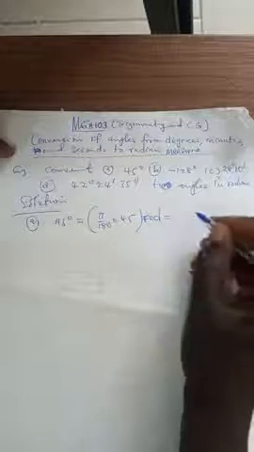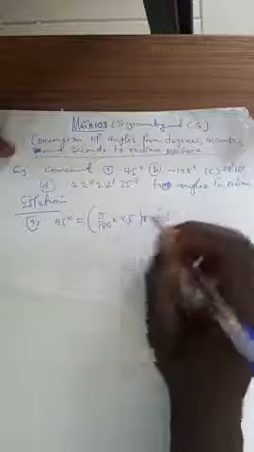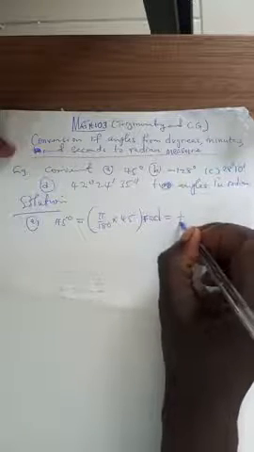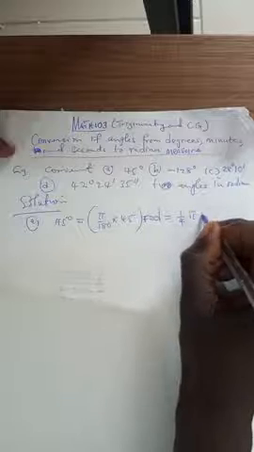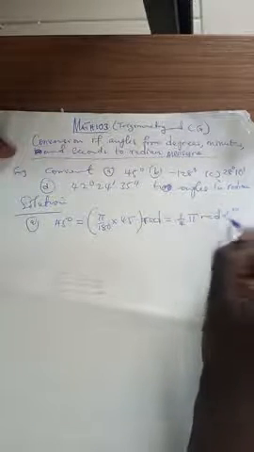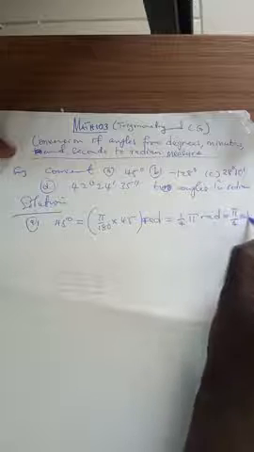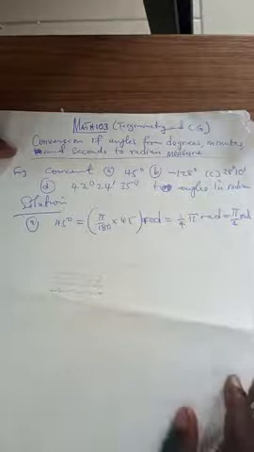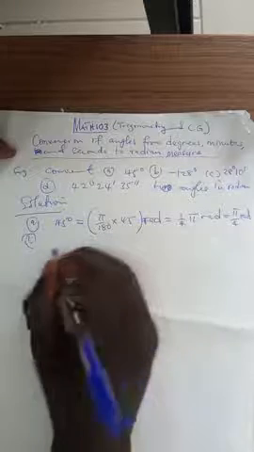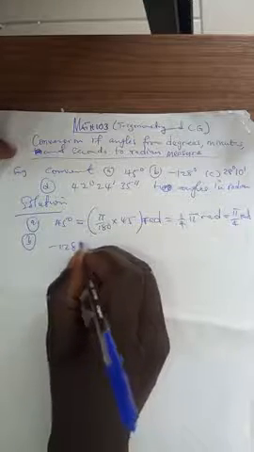So after the calculation, when you cancel, you have 1 over 4 pi radian, or you just write it as pi over 4 radian. That is the answer.